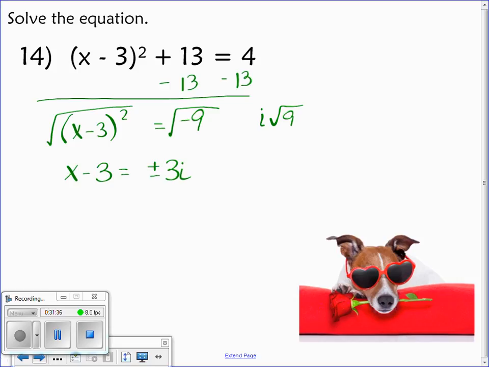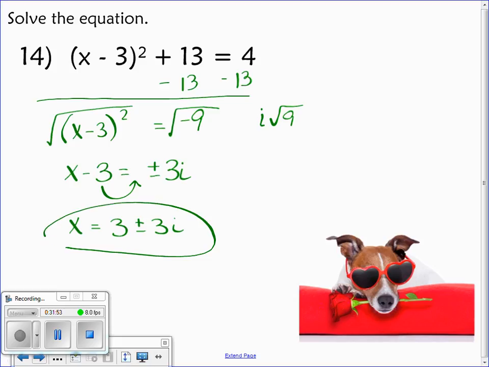Plus or minus. Don't lose track of that. And then to get x by itself? Is that 3? What happens to the 3 when I move it? Positive 3 plus or minus 3i. Can I keep going or am I done? I'm done. One has an i, one doesn't. Those are not like terms. You cannot put those together.